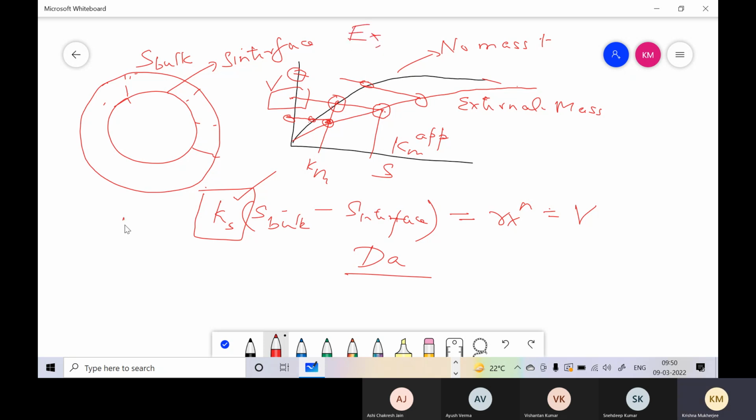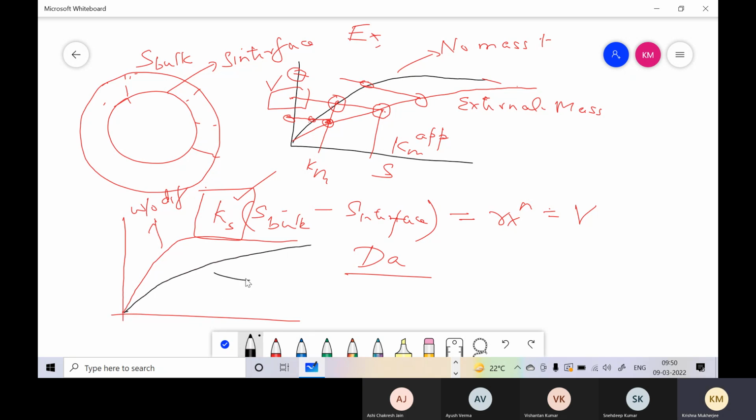Now, what about internal diffusion? I again have a real plot given by the real enzyme without diffusion, and a plot that I get with internal diffusion. Notice in all the cases, they all tend to the maximum value.